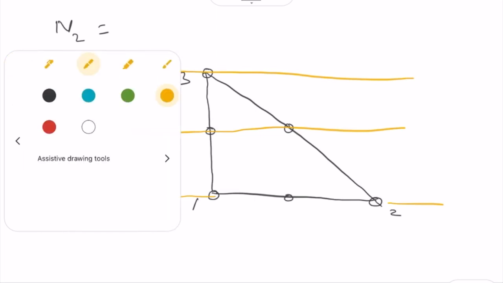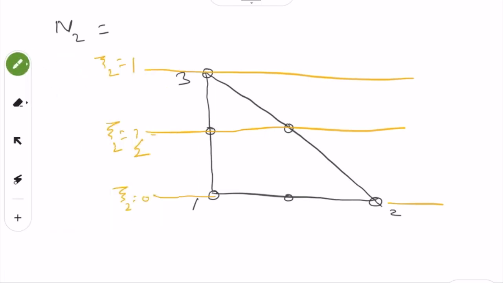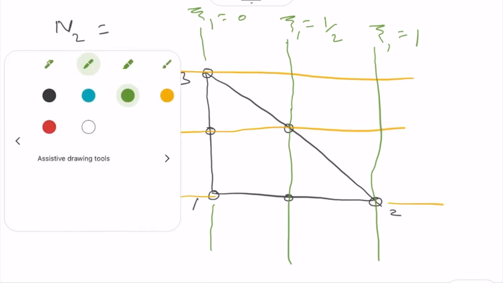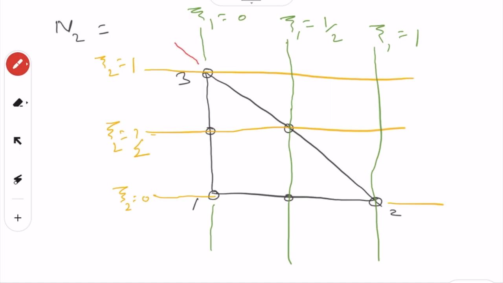Now the second system, let's say, is the green system. Okay, so this is here, okay, so this is xi1 equal to 0, xi1 equal to half, xi1 equal to 1. So this is how the xi is moving. There is a third coordinate system. Okay, so let's make it in red. So the third coordinate system goes like this.